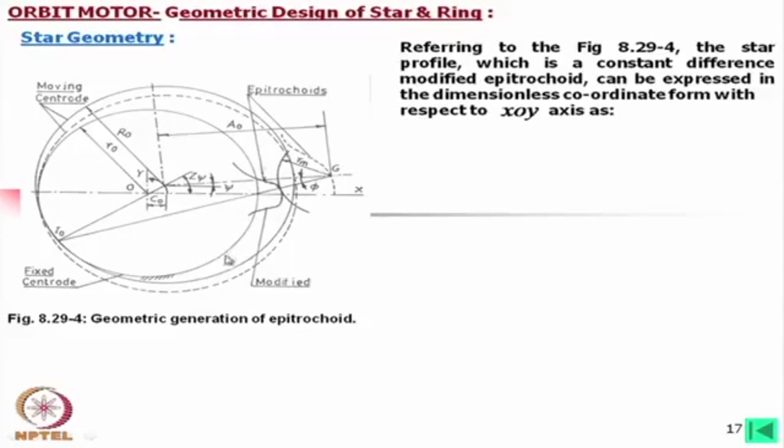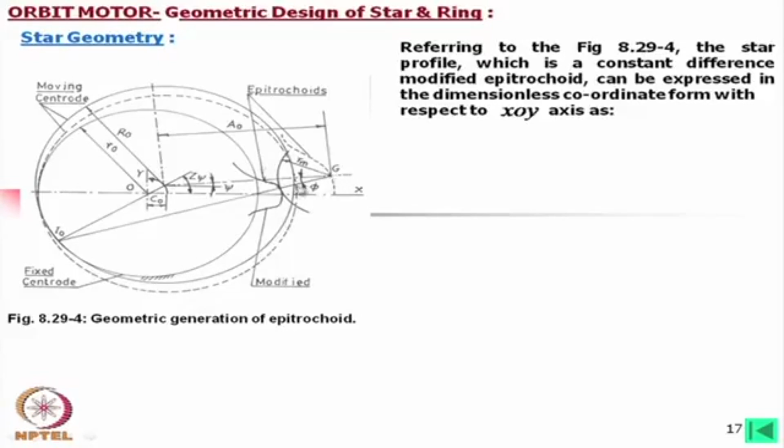So, we will consider this member as fixed, and then this member is rotated about this axis, just rolling over this with no slip.